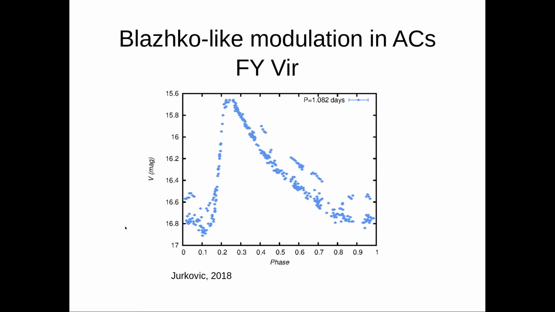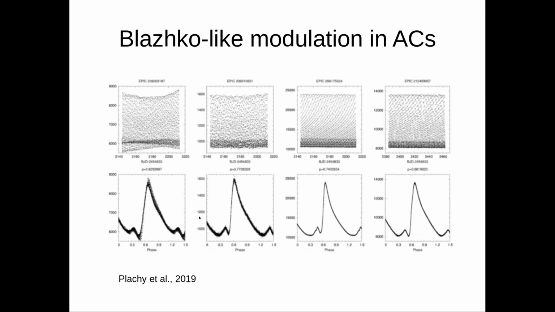If you look at the anomalous Cepheids, I have a result from 2018 where I claim that F epsilon Virginis is an anomalous Cepheid, and it has something called the Blazhko effect. As you can see, these dots here and here actually do not align, and this is a very specific characteristic of a Blazhko effect. But then my colleague Emma Plachy in 2019 published a paper with K2 observations.